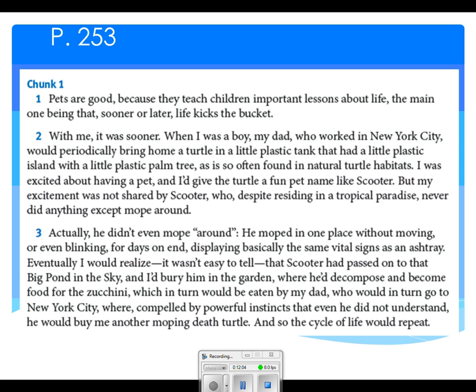Eventually, I realized, it wasn't easy to tell, that Scooter had passed on to that big pond in the sky, and I buried him in the garden, where he would decompose and become food for the zucchini, which in turn would be eaten by my dad, who would in turn go to New York City, where, compelled by powerful instincts that even he did not understand, he would buy me another moping death turtle. And so, the cycle of life would repeat.